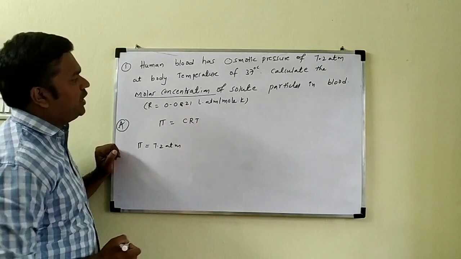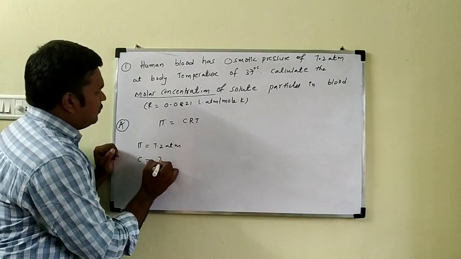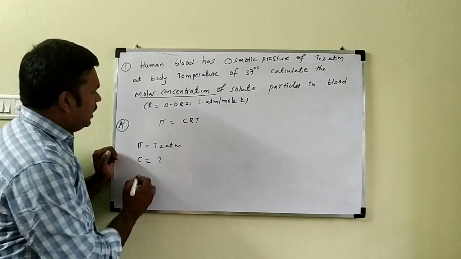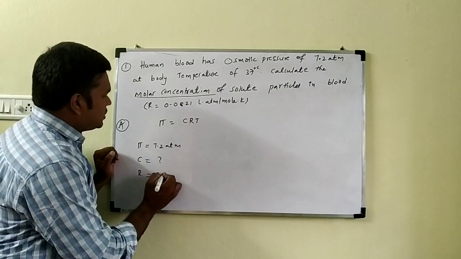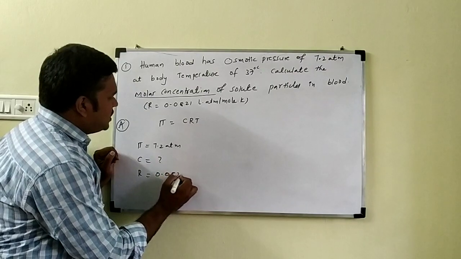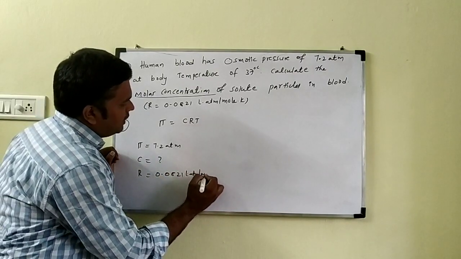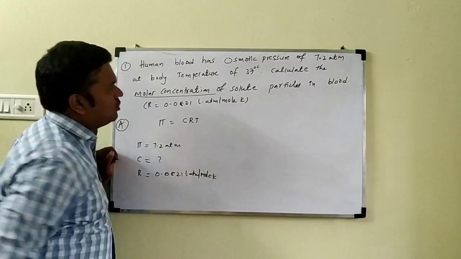We will find the molar concentration of the solute particles in blood. And R is 0.0821 liter atmosphere per mole Kelvin.